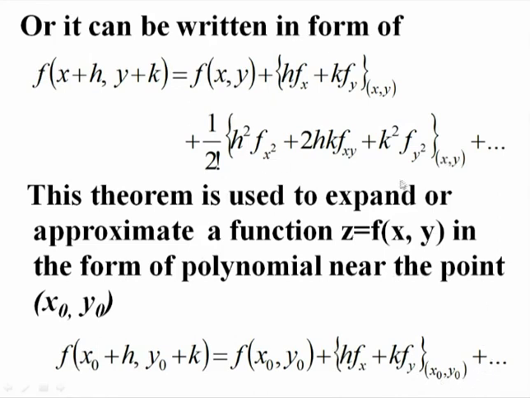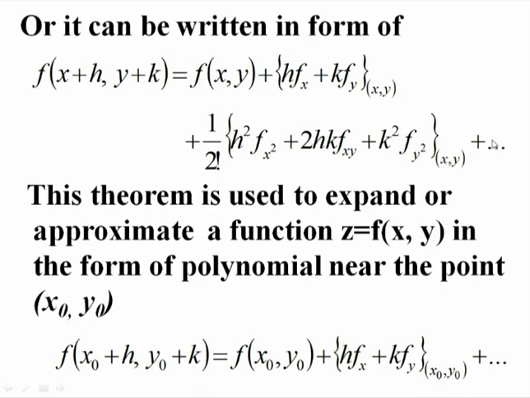It is very much clear from this, right? We can write down 1 upon 2 factorial h square into fxx plus 2hk into fxy plus k square into fyy at the point x0, y0, and higher order derivatives can be written.